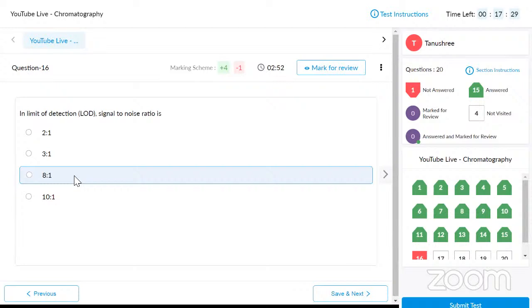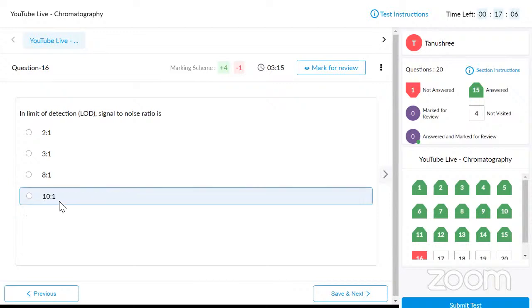Also, the 10:1 ratio is usually the criterion for LOQ, that is, lower limit of quantitation concentrations. For the lower limit of quantitation, it is highly likely that the sample will be analyzed both qualitatively as well as quantitatively. So it will not fall under the category of LOD. So our answer is also not 10:1.